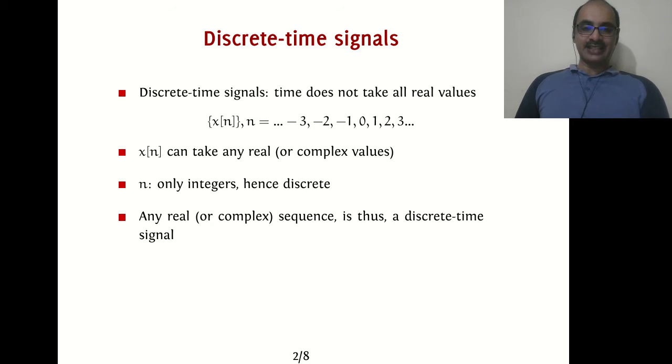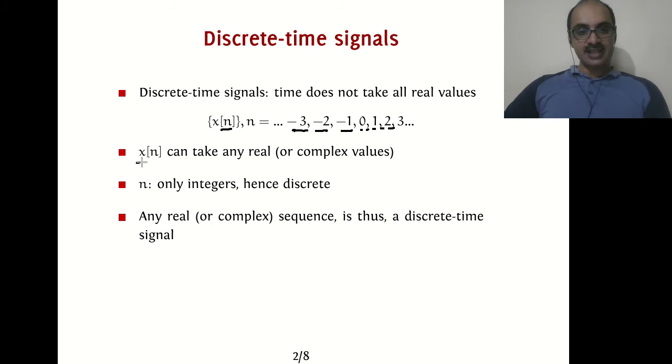What is a discrete time signal? Any integer indexed sequence is a discrete time signal. So for the discrete time signal, time does not take all real values. That is, if you observe x[n], this n can take only integer values such as -3, -2, -1 and so on.